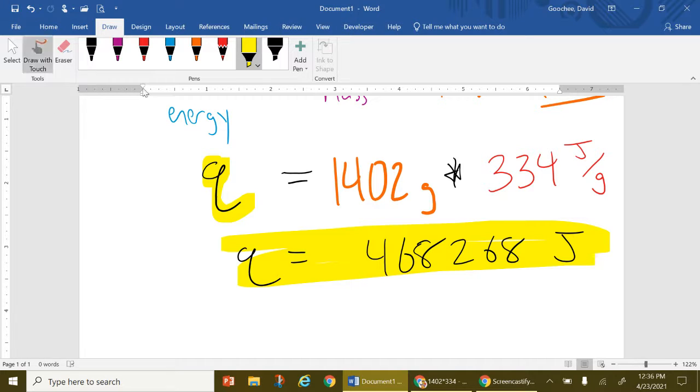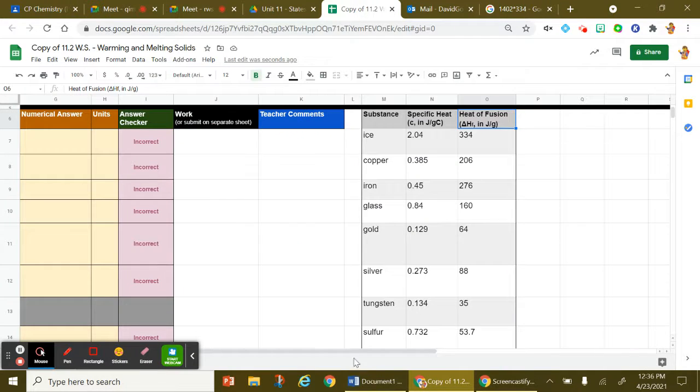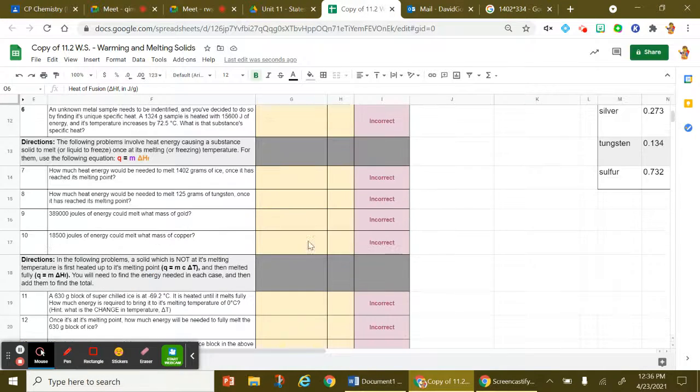That's it. Let me put that into the homework and see if it checks out. Oh, my memory's terrible. 468,000 joules. There we go. That's correct.